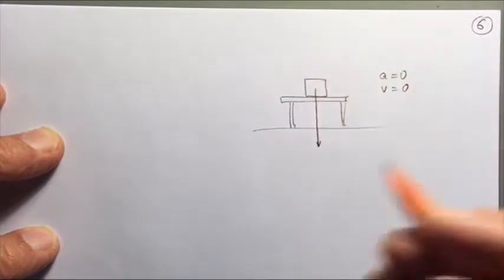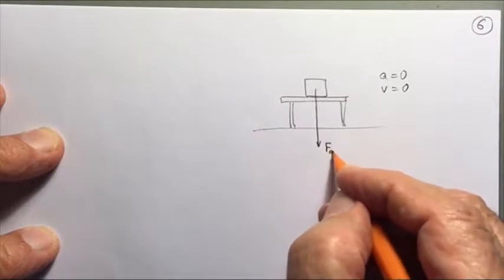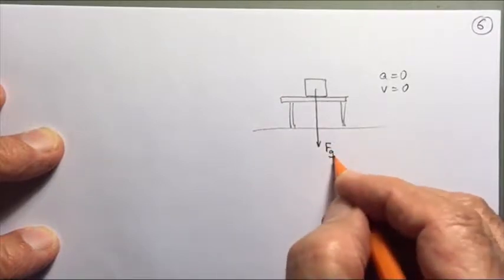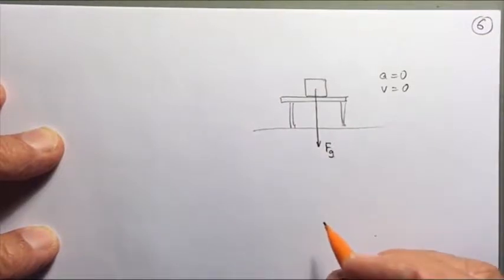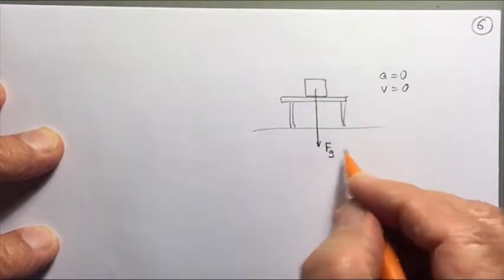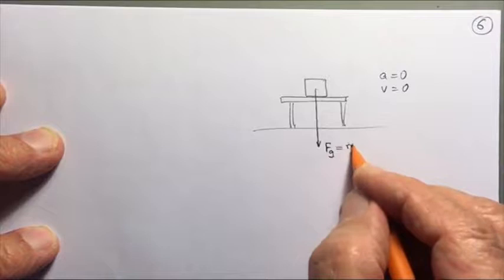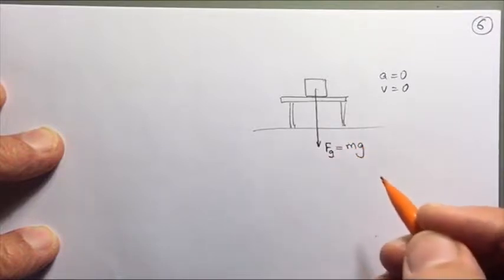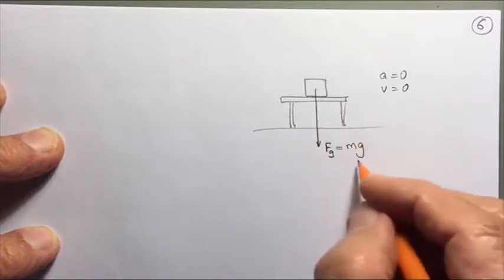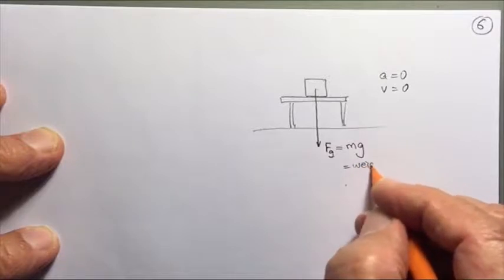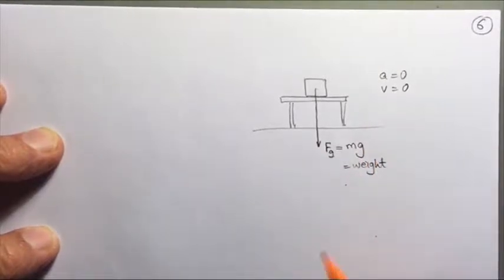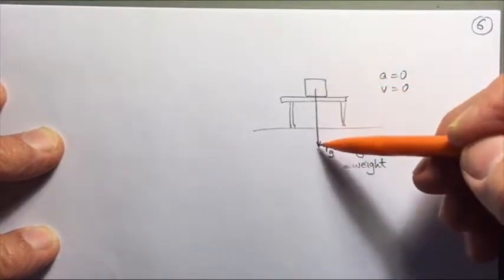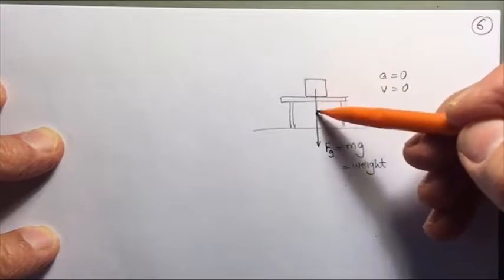The gravity, which we write as Fg, force of gravity, will pull straight down towards the center of the earth. And because F equals ma, this becomes equal to mg. That is also called the weight of that object. So the weight of an object is m times g, and g is 9.8. Now if this were the only force, this object would have to accelerate downwards.